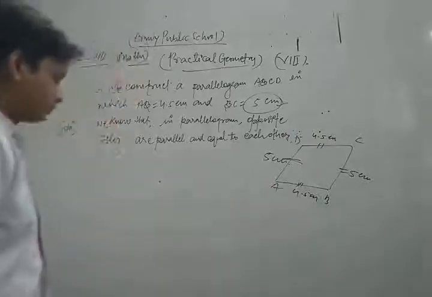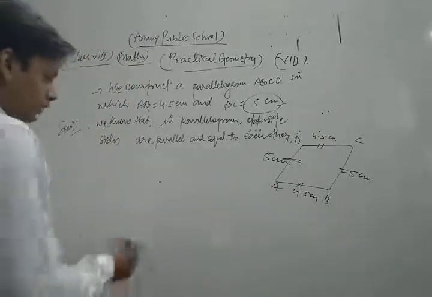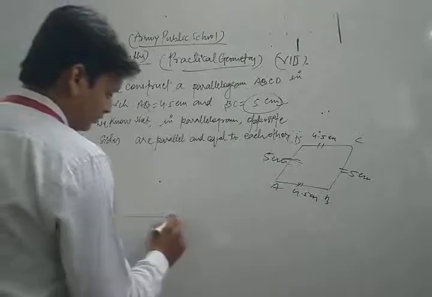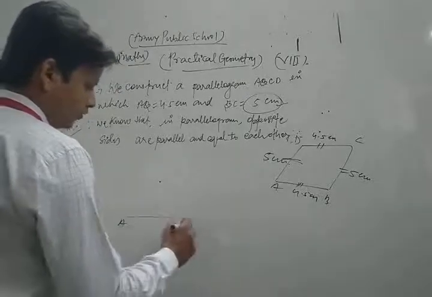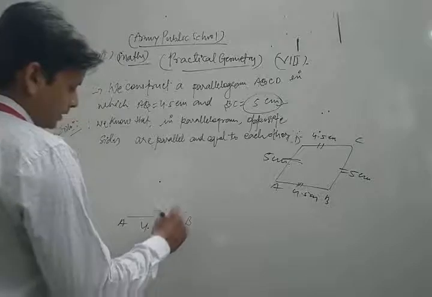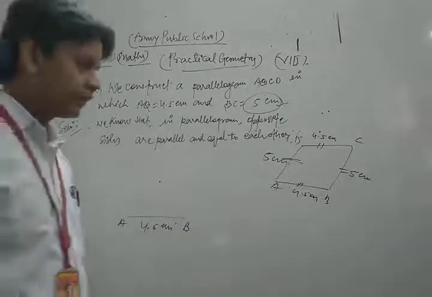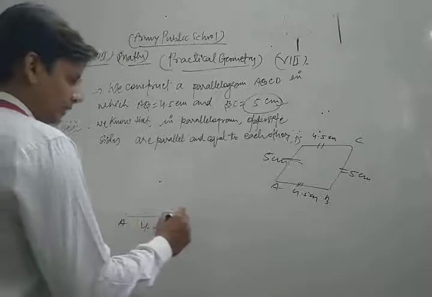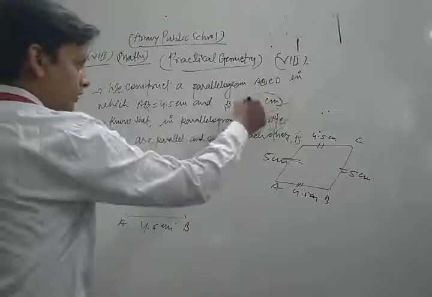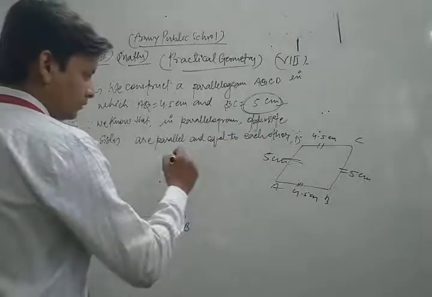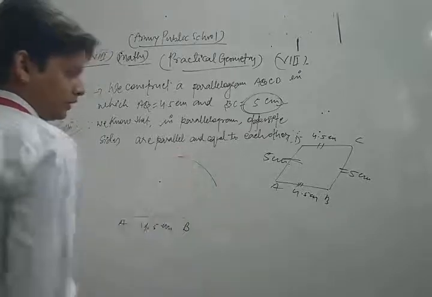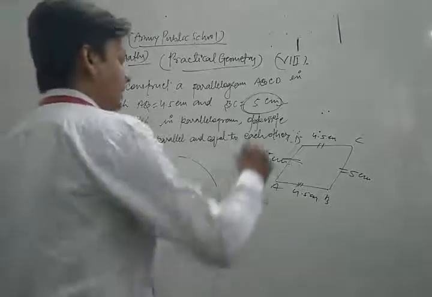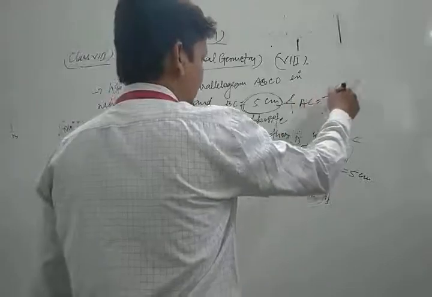So first of all, in first step, we draw a line segment which is equal to 4.5 centimeter. Then after, what I do? We take B as center and distance equal to 5 centimeter, cut an arc in this way. And one of its diagonals, AC, is also given as 7 centimeter.